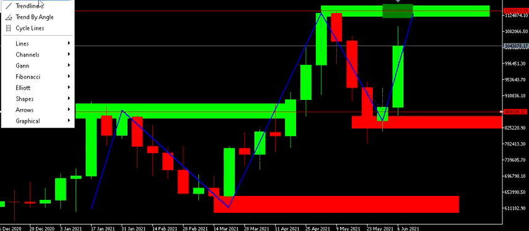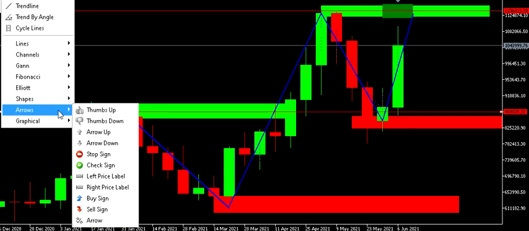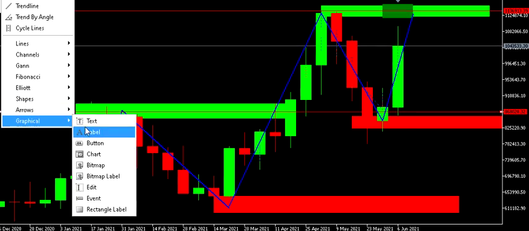When you have a higher high and a higher low, that is clearly a bullish market structure. So let me just label it.